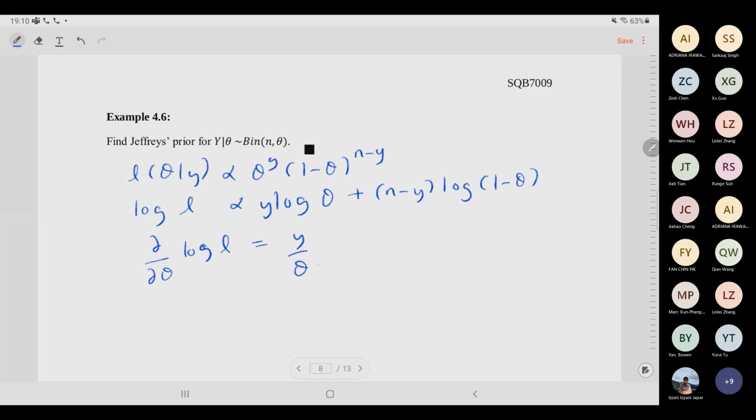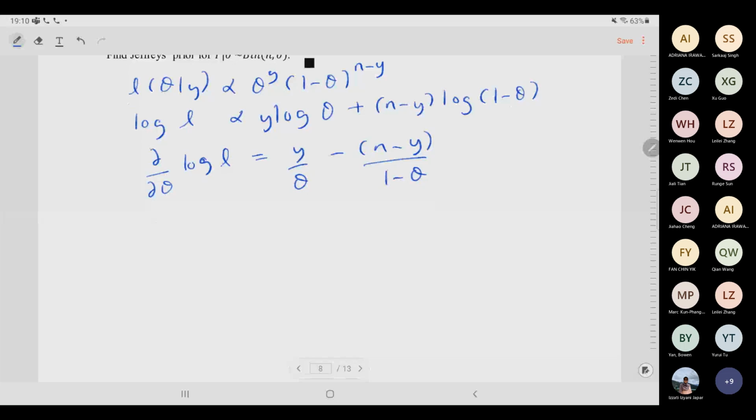You have this, and you differentiate twice. Then you have to find your Fisher information.